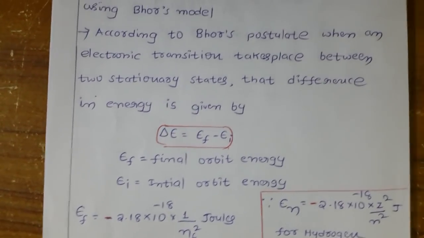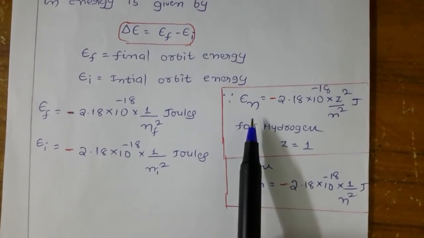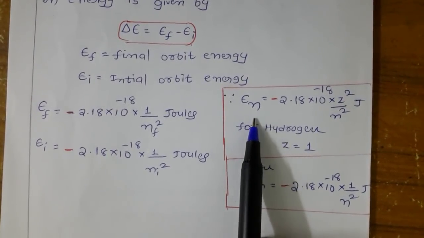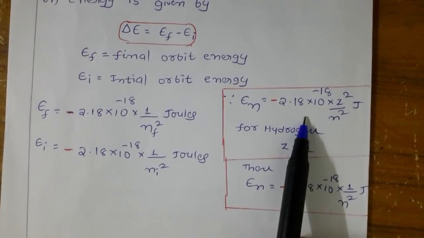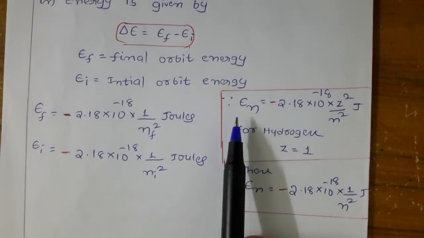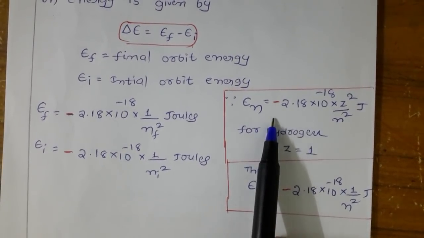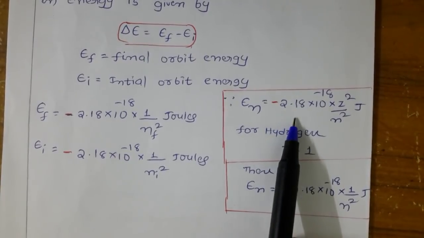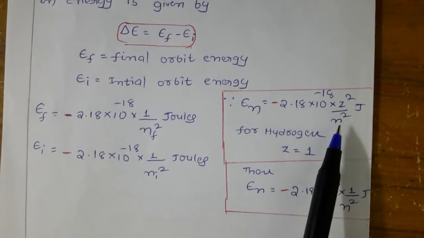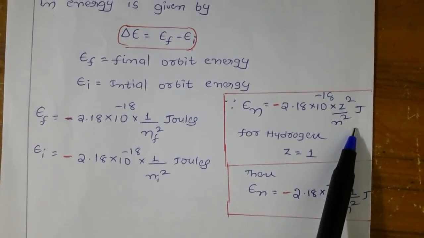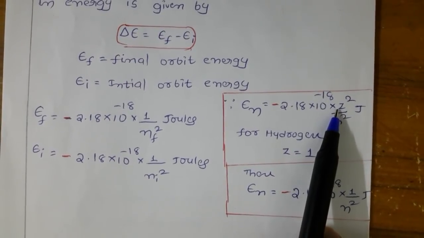In the last class, in Bohr's theory, we already discussed that we can calculate the energy of a particular orbit by using this expression, isn't it? So the energy of the nth orbit equals minus 2.18 into 10 to the power of minus 18 into Z square by n square joules. Here Z is the atomic number.